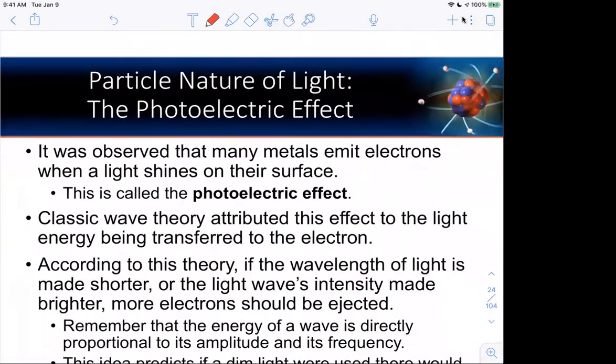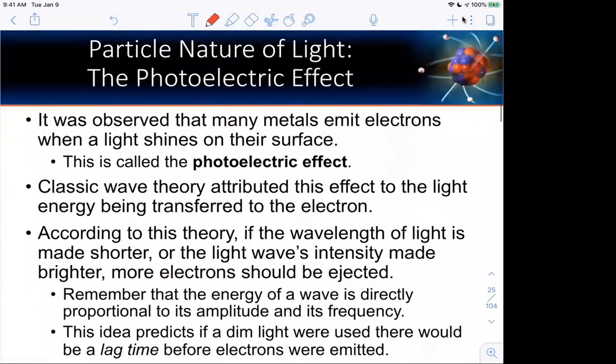So why? Many metals will emit electrons when I shine a light on their surface. So they exhibit this photoelectric effect.